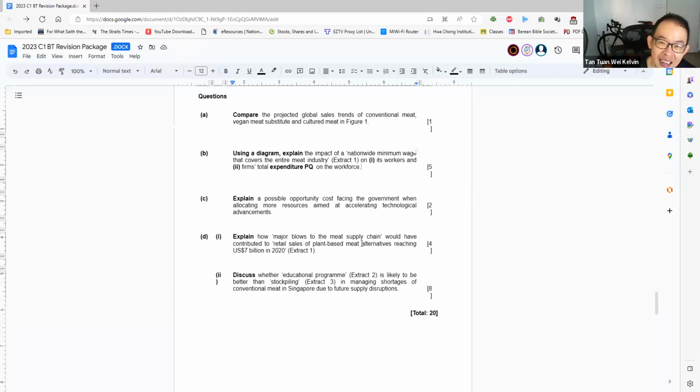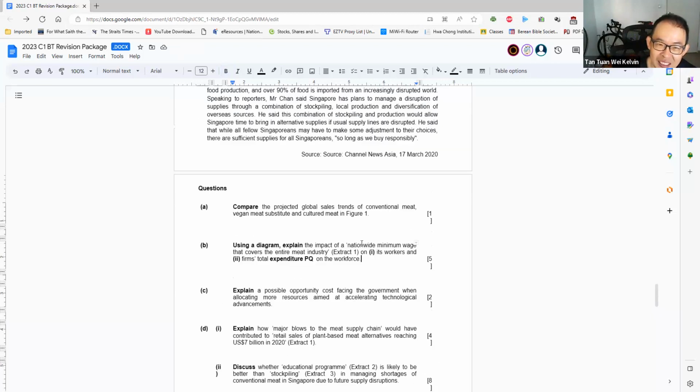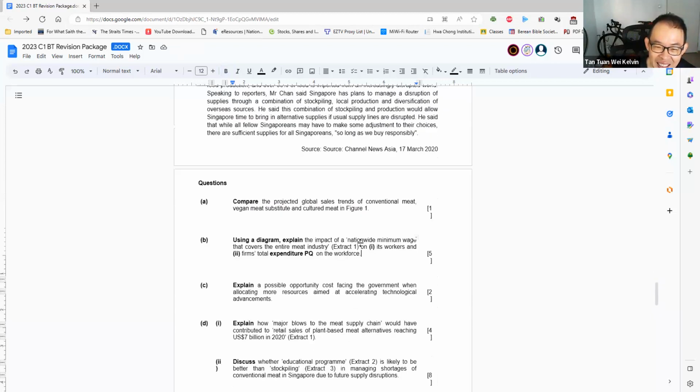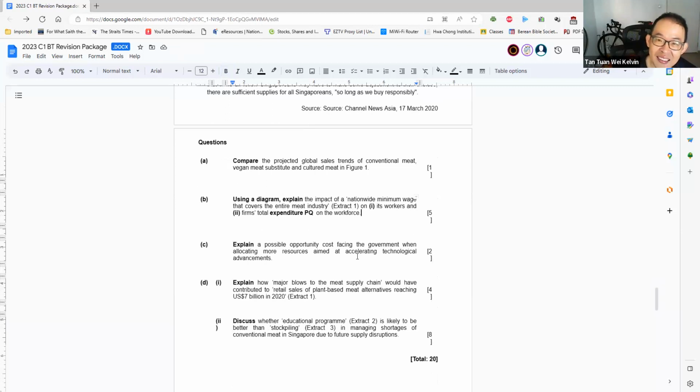For part C, explain a possible opportunity cost. In this case, unlike the last block test, the 2020 one that we covered last week, they didn't say with the aid of a diagram. When they don't say with the aid of a diagram, you do not need to draw a graph. And definitely for two marks, you don't have to draw. I don't think there's much sense in drawing, but you need to explain the economic meaning of opportunity cost.